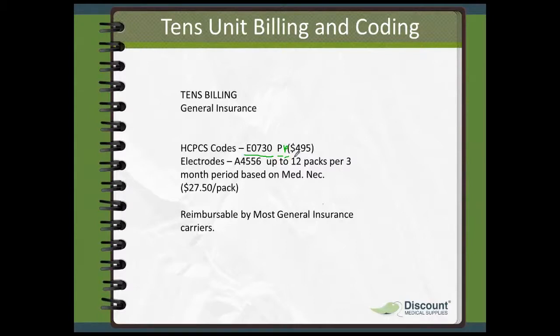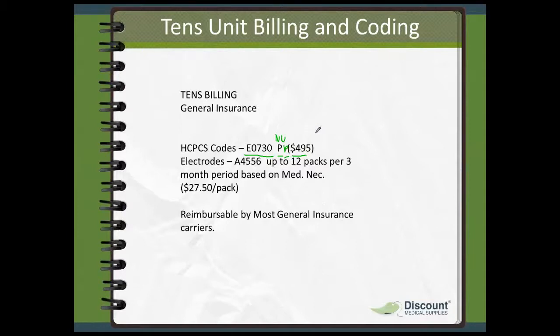If they have one, you'll just put a P for purchase, and typically at $4.95, but again, that's up to you, what you want to put as far as the purchase price of that TENS unit. Now, sometimes, if this particular carrier, general carrier, follows more Medicare, you may be required to do the NU for a new purchase. It really depends on the carrier and where you're located, but typically it'll be a P for purchase on the HCPCS code.